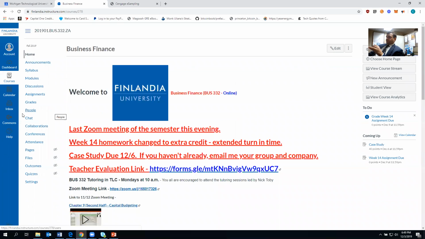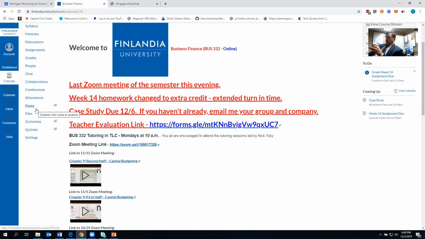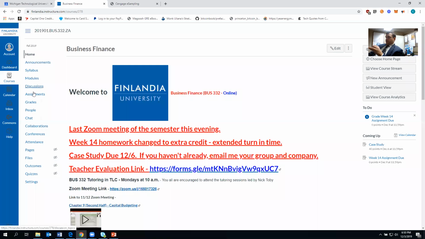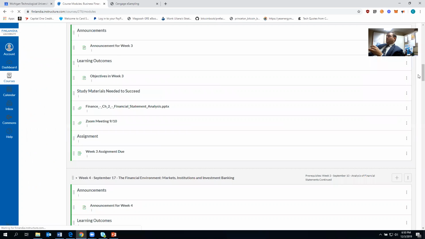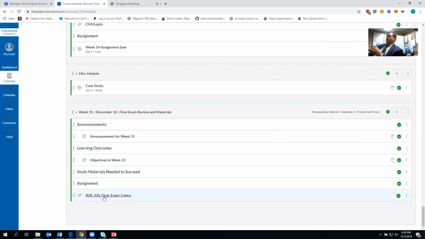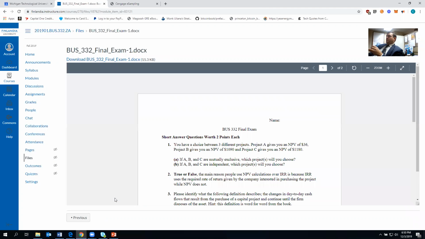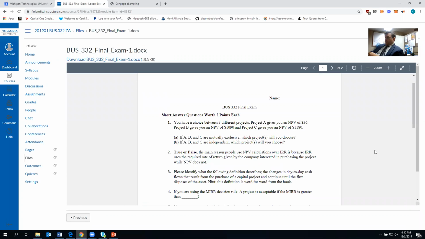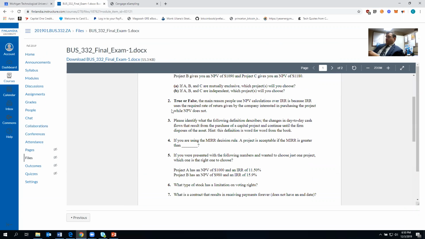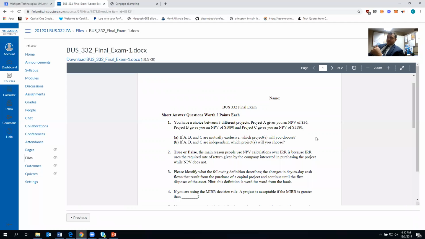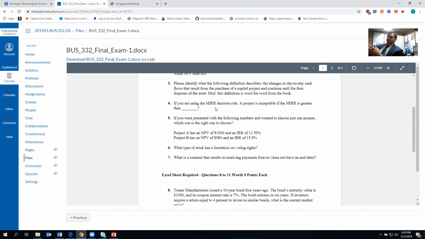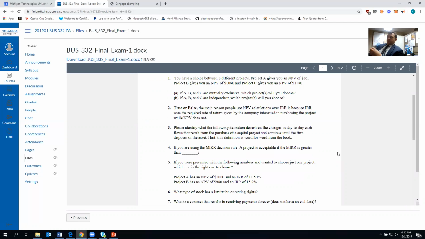All right, so real quick to cover the exam. The first 7 questions will be worth 2 points each: short answer, multiple choice, true and false, and definitions. That will be finding the bolded words in the chapter, where they give the definition on the side.